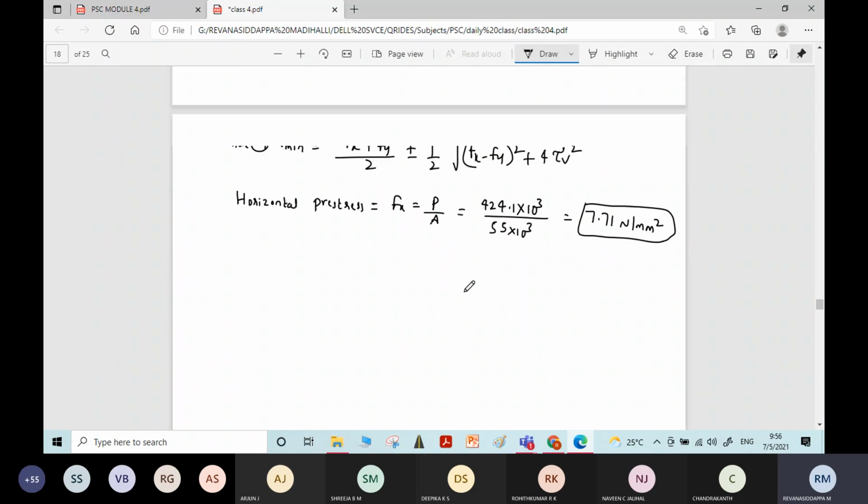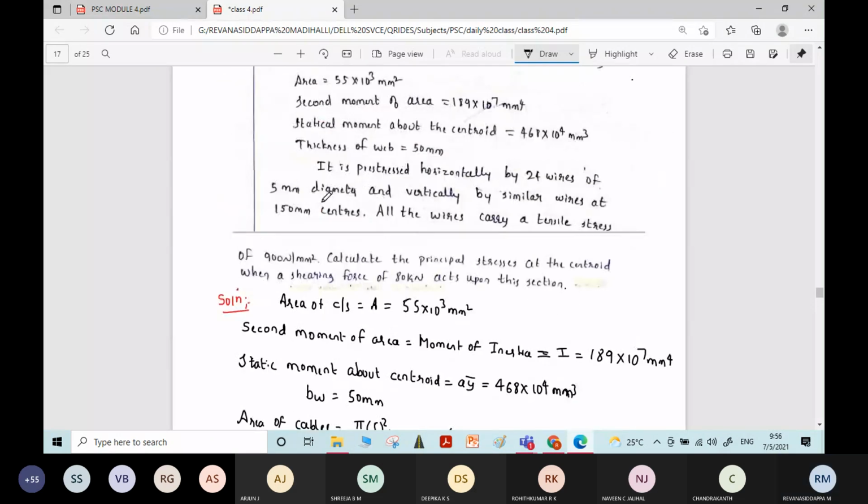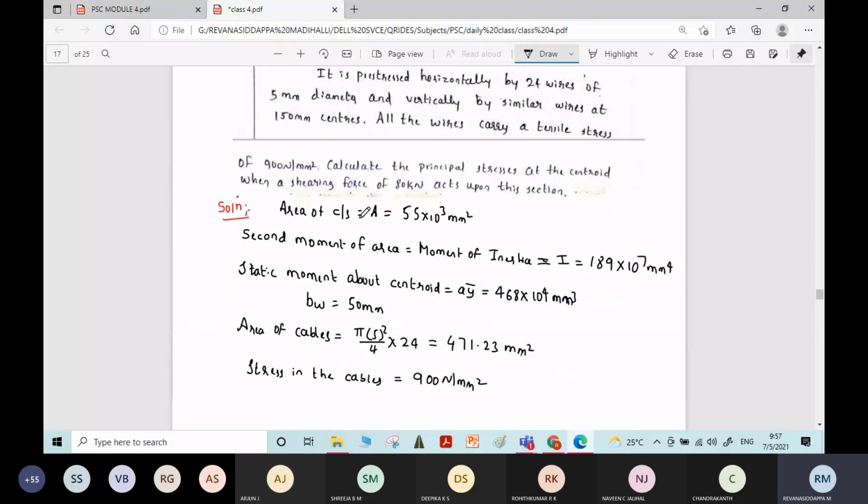Now, in the problem you can see it is pre-stressed horizontally by 24 wires of 5 mm diameter and vertically by similar wires at 150 mm center to center. So there are vertical tendons also given. For that, we need to find Fy.